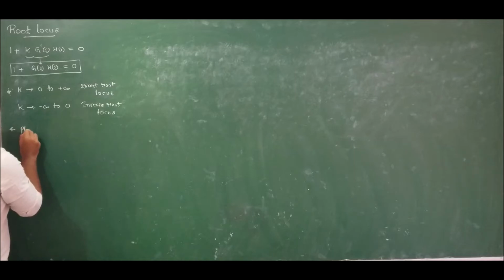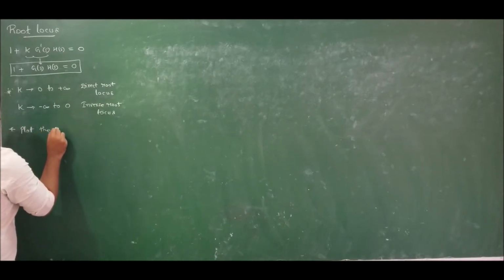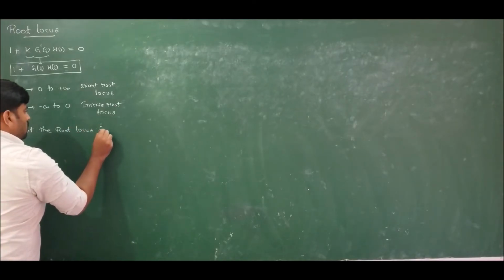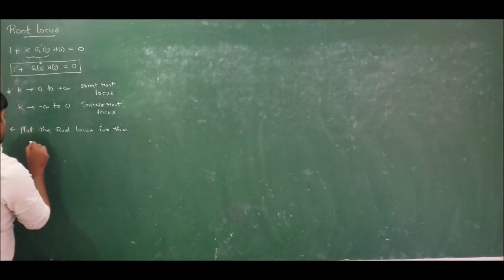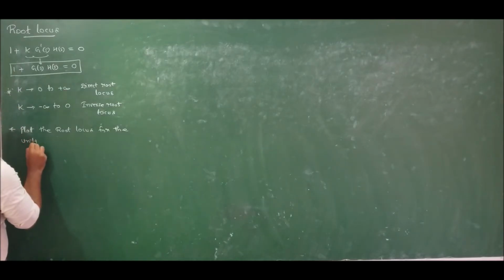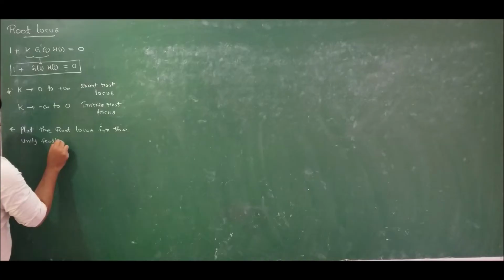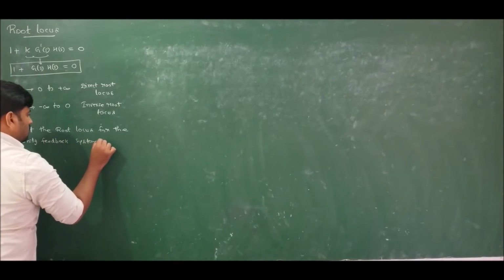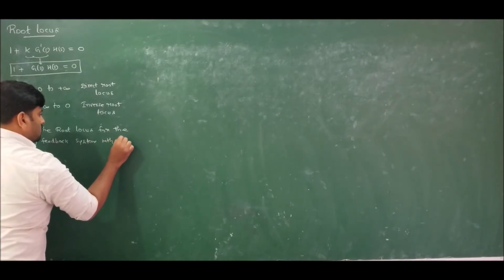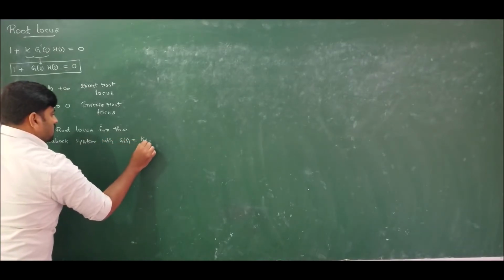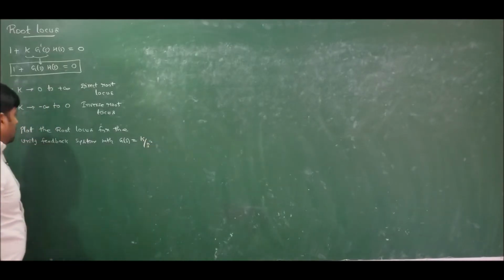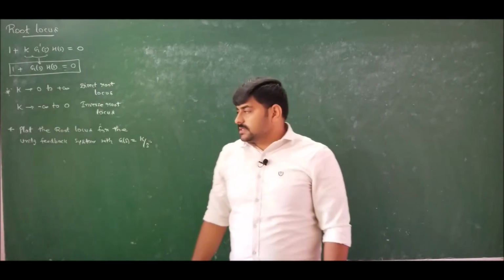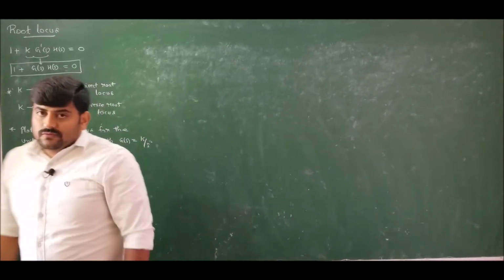Let us take the question like this: plot the root locus for the unity feedback system with g of s is equal to k by s. Take down this question. So we have the value of g of s.